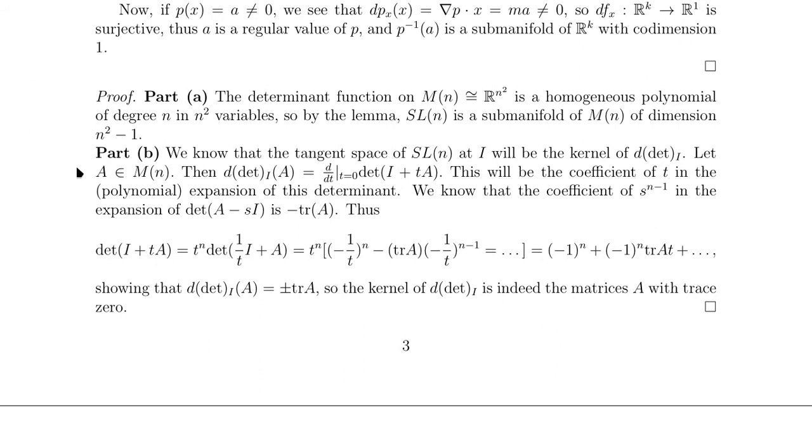Now if you take an n by n matrix A and apply the derivative to it, you get d/dt at t equals 0 of the determinant of I plus tA. That's just the definition of the directional derivative.